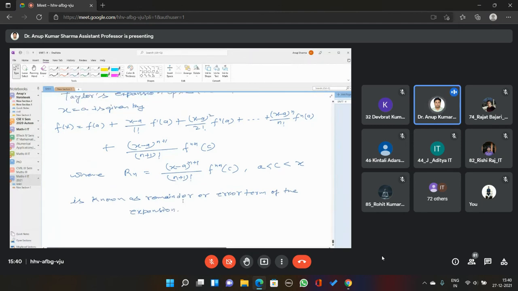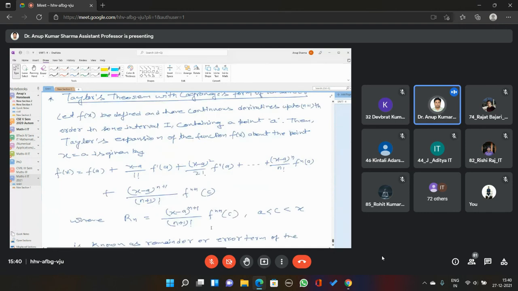By this definition, Taylor's theorem with Lagrange's form means we are considering a function that should have n plus 1 derivatives, or n derivatives, in some interval I containing a point A. Then the Taylor's expansion of the function f(x) about the point is given by this.